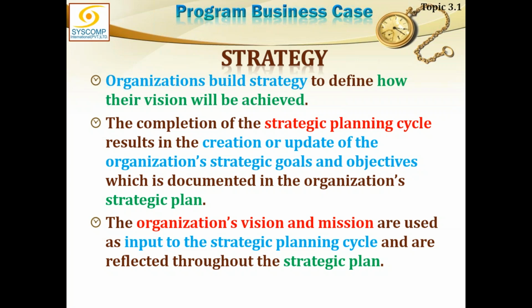The completion of the strategic planning cycle results in the creation or update of the organization's strategic goals and objectives, which is documented in the organization's strategic plan. The organization's vision and mission are used as input to the strategic planning cycle and are reflected throughout the strategic plan.